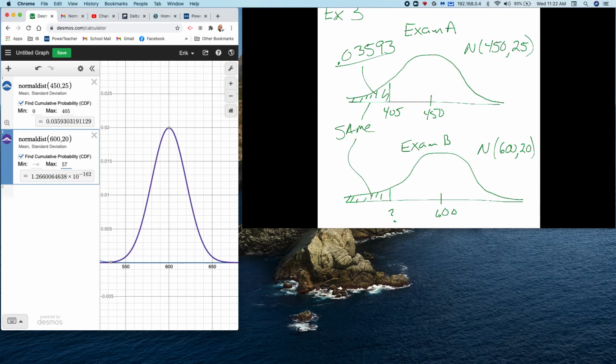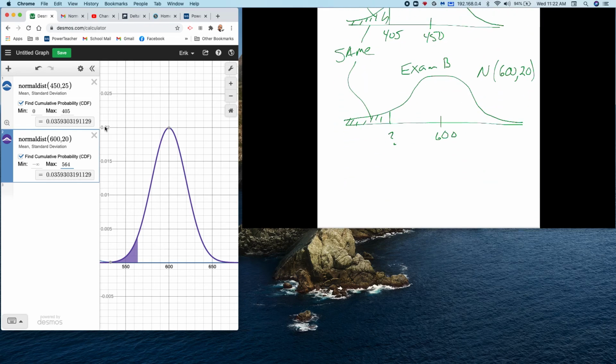And so what you're going to do is type in numbers until you get the exact same amount. 50 didn't work. 60, still a little too small. 61, 62, 63, 64. Look at 64. So my answer is 564. That's what I want for a score.